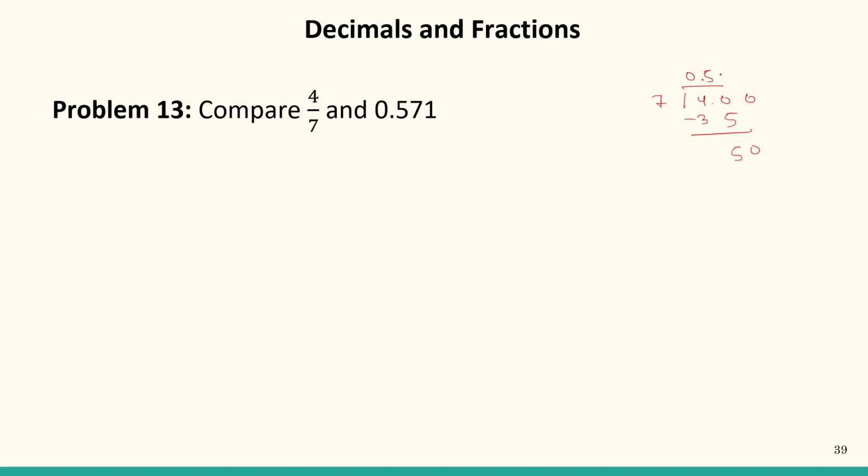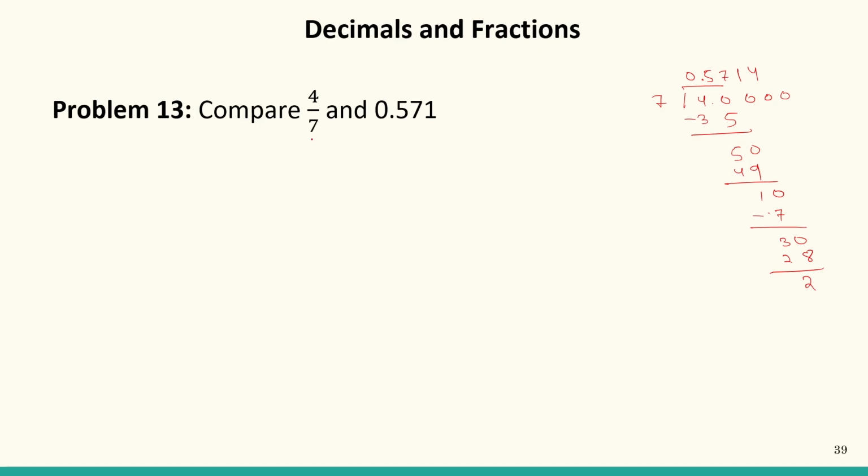So 7 into 7 is equal to 49, and then we have 1, then we can put another 0 here and bring it down. 7 into 1, so it is 7, minus, so 3, we can put another 0 here and take it down, and we can find out that 7 into 4 is equal to 28, right? So this is 2.